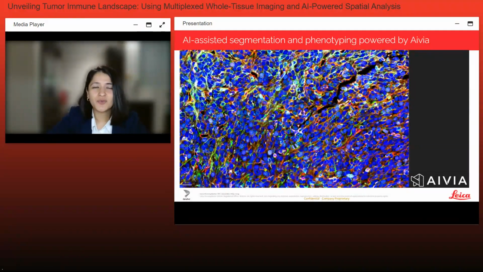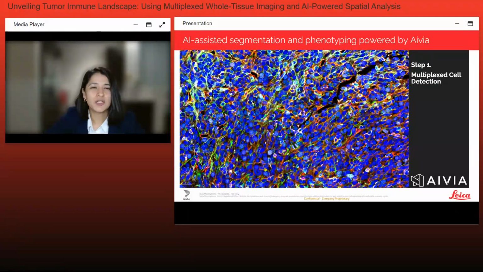And to answer some of these questions and begin this process, we utilized AI-assisted analysis of multiplexed imaging from the colon carcinoma tissue using our AVIA software. The first step is segmentation.